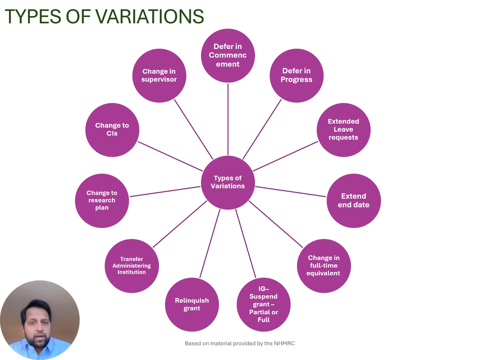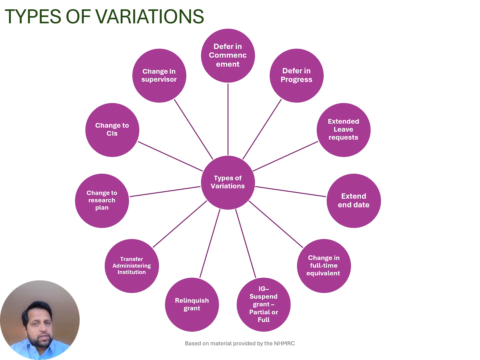If it's an investigator grant, we'll look into that a bit further, where it says IG fully suspend or partially suspending the grant. If it's full suspension of the grant, for investigator grant recipients, the PSP, which is the salary component, and the RSP, which is the research support package, both are suspended, and the end date gets shifted by the duration of the suspension.